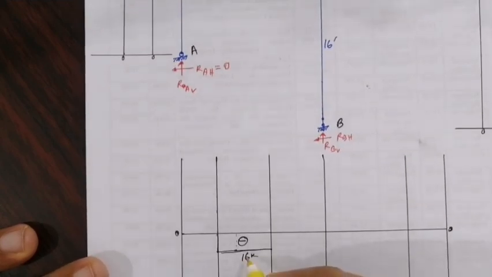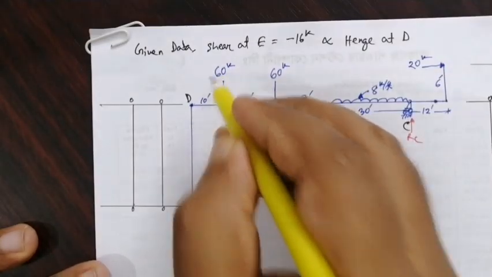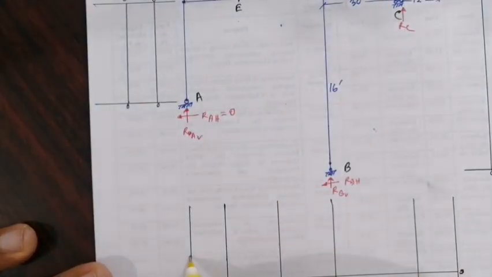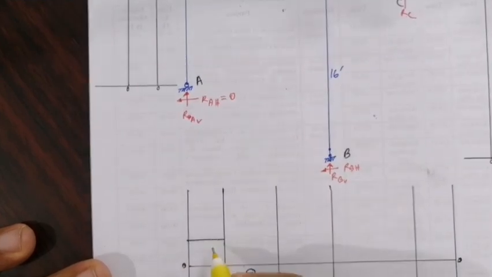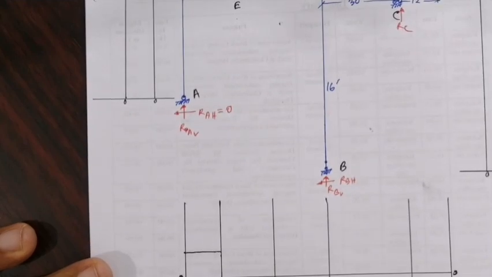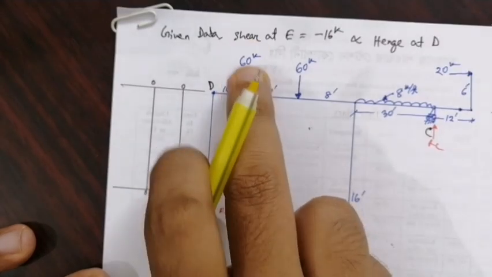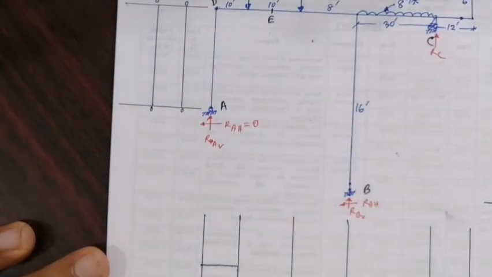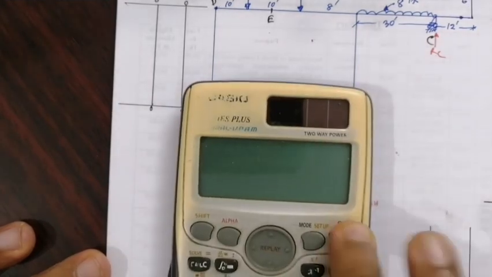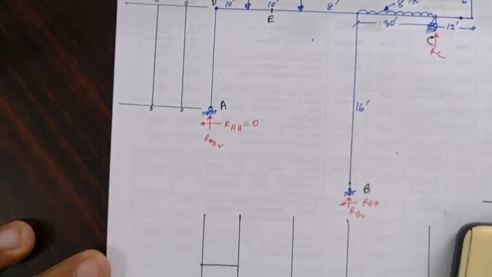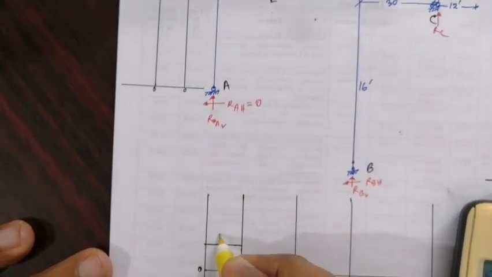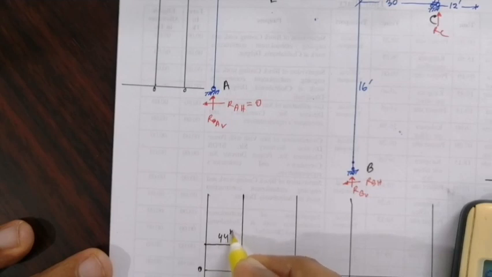This is smaller than the 60, so obviously there is some upward, positive shear, because going from positive shear to minus 16 is negative for this 60. So the difference is 60 minus 16, equal to 44. So here the shear force is 44 kip, which is positive.